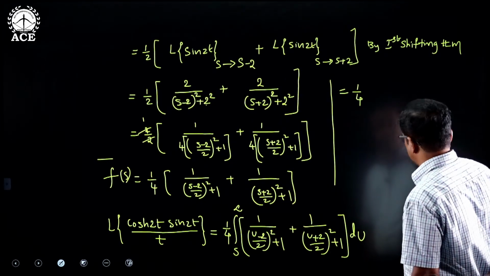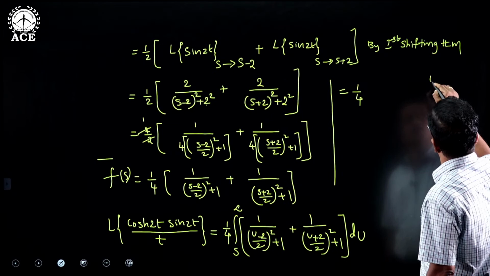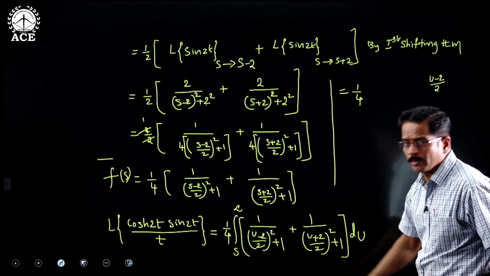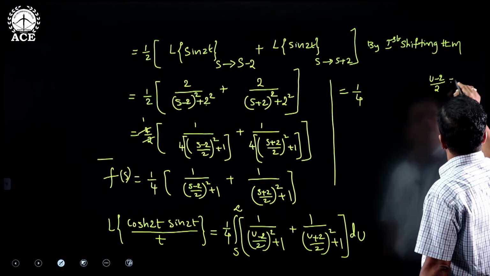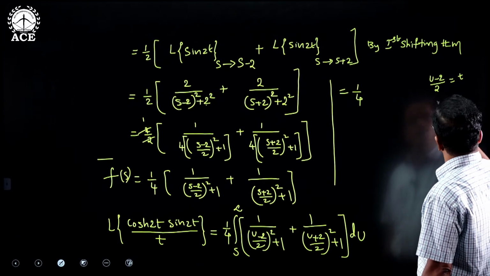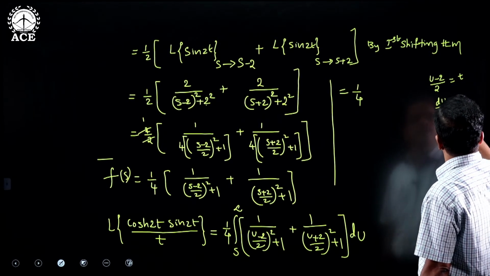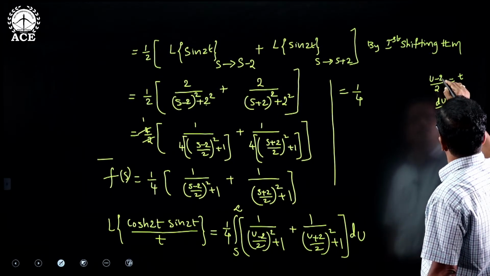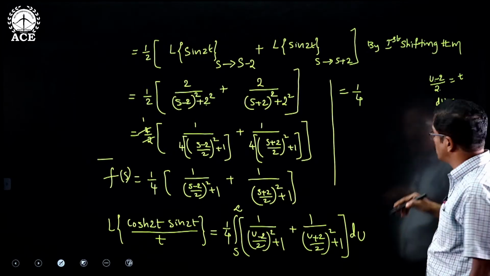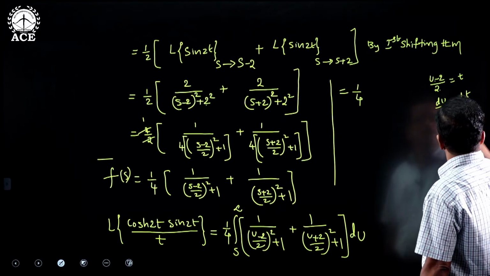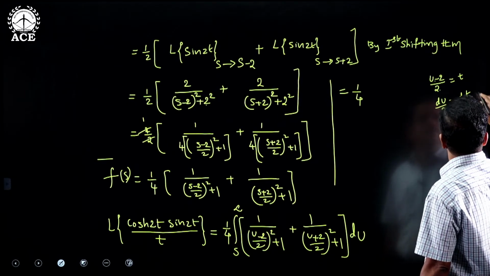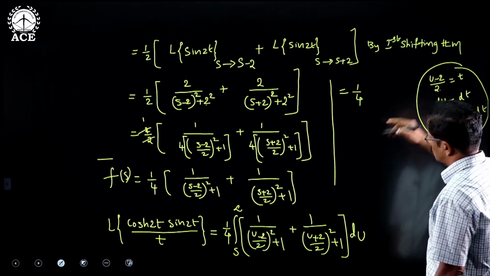So in the place of x we have (u minus 2) by 2, and I take this as t. On differentiation, (u minus 2) by 2 equals t, so du by 2 equals dt, then du equals 2 dt. This substitution I am using to evaluate that.